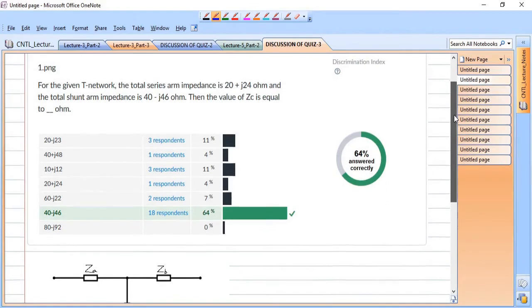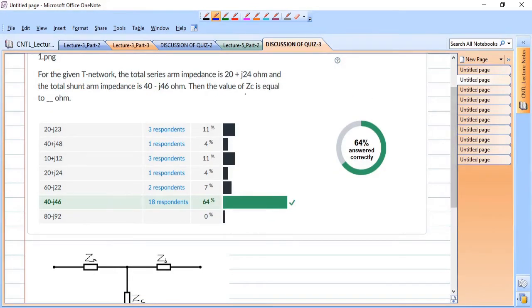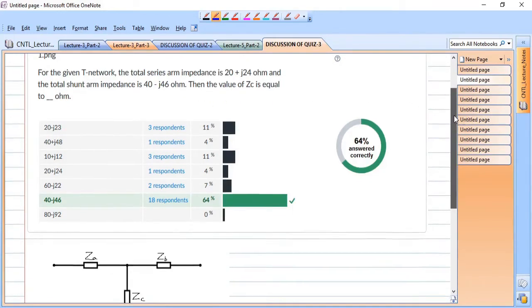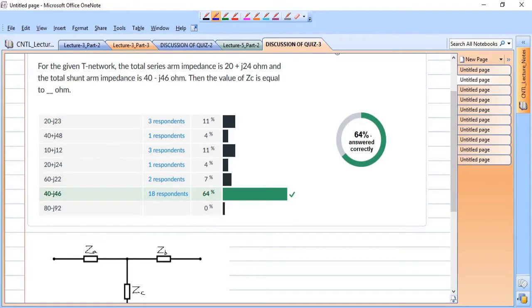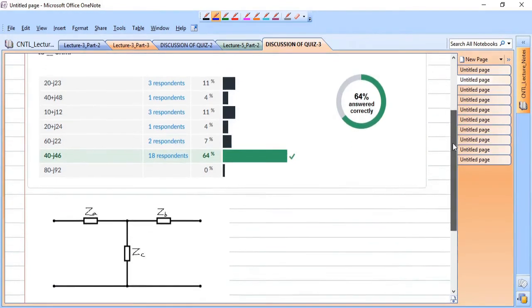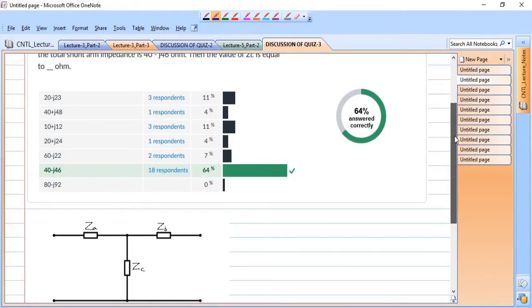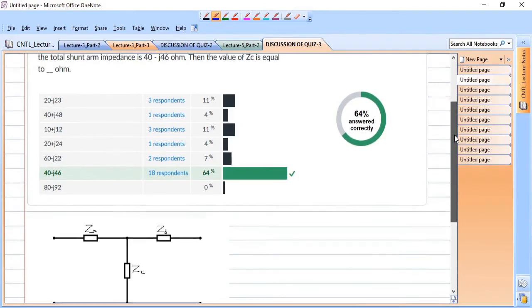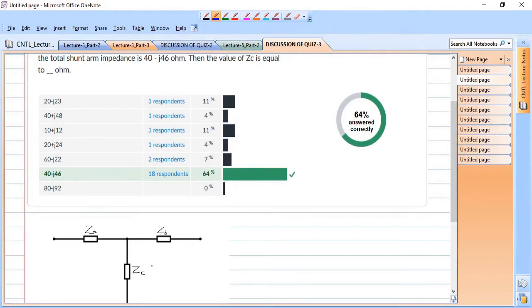Okay, the next question. Again, for the same figure, the total shunt arm impedance is given as 40 minus J46 ohm. Then the value of ZC is equal to, okay. The network is a T network, so the total shunt arm impedance should be equal to 40 minus J46 because there is only one element here.